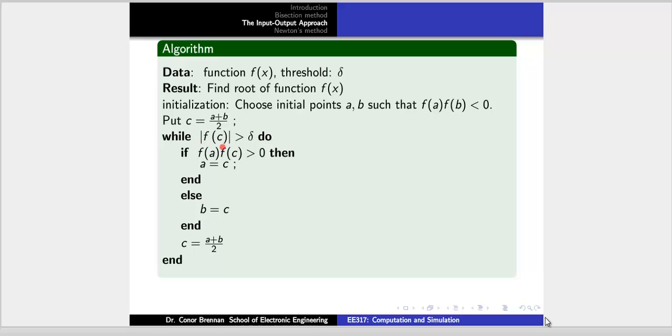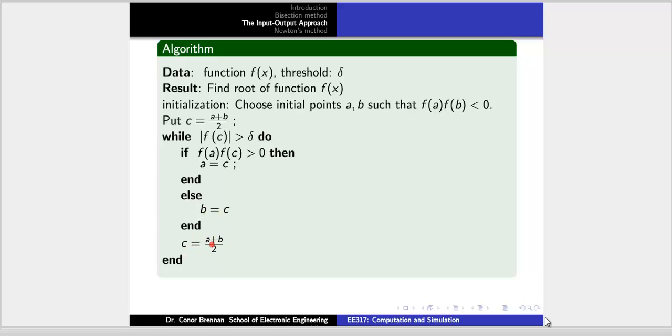And then to code up this algorithm, the main iteration is: while the function value at the midpoint has absolute value greater than the threshold, do these logical steps. If a and c have the same sign, in other words, if they're both positive or both negative, then replace a with c, otherwise replace b with c.